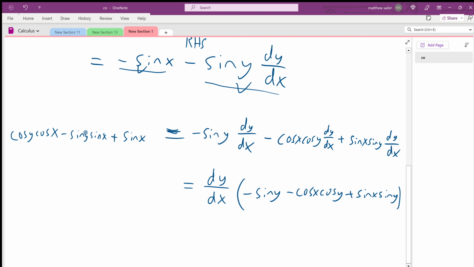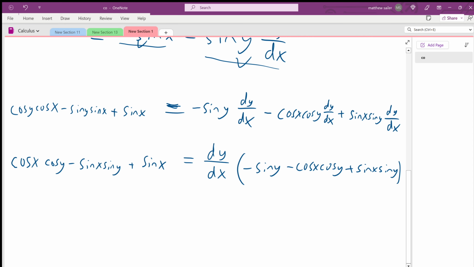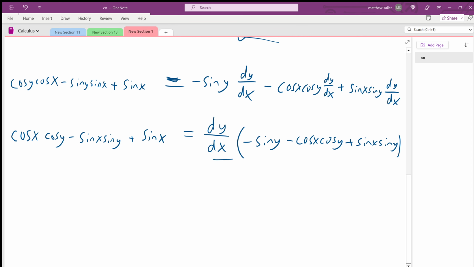On the left-hand side, we have the exact same thing. I'm actually going to rewrite this so that the x's are before the y's: cosine x cosine y minus sine x sine y plus sine x. That's just personal preference. Now we're going to divide the left-hand side by this giant monstrosity here to create a new monstrosity, but we will have dy dx by itself.